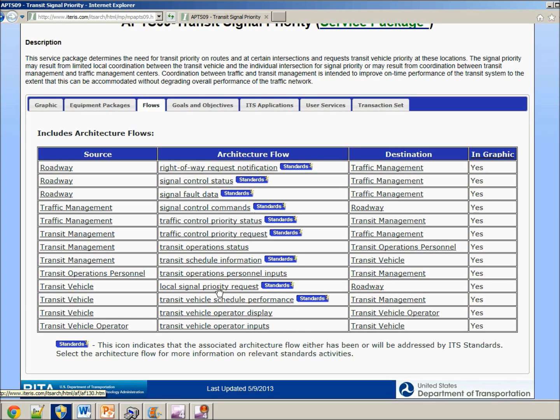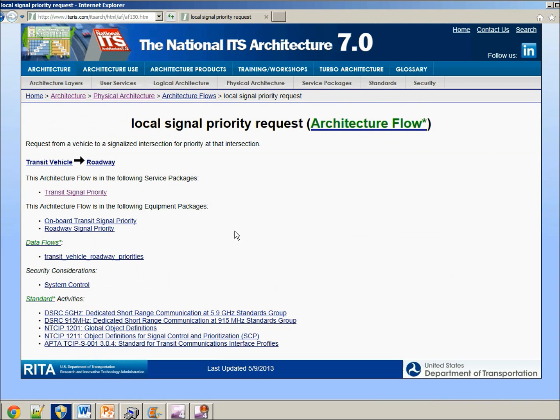For example, for local signal priority request, it indicates that the following standards are relevant. These are the standards that the ITS architecture website also included, and you may choose which ones are relevant for your particular project for including in your architecture consistency statement.